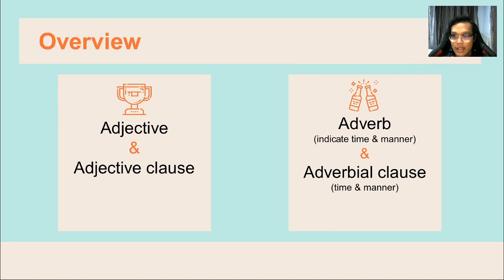We'll learn the basics of what adverbs are, how we use them, and what kinds of adverbs we can use in English and in communicative language. Then we'll go deeper into adverbial clause, which some people call adverb clause.